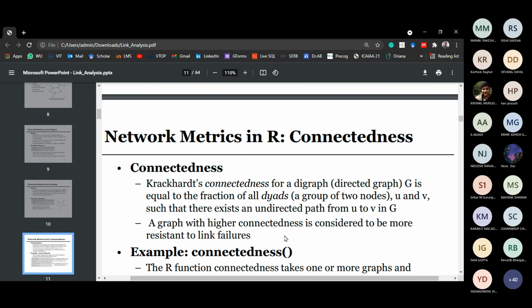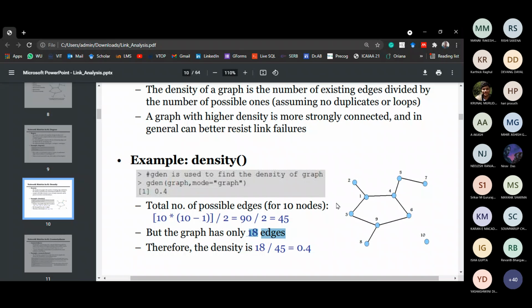So the actual density of the graph will be: out of 45 possible connections, only 9 connections are there. So 9 divided by 45 will be the density of the graph. We have to assume there are no loops and duplicates.